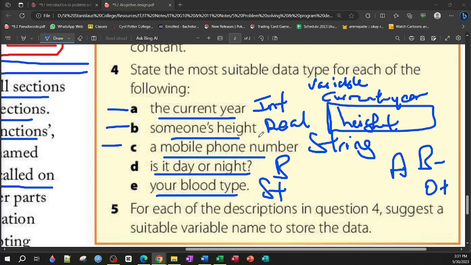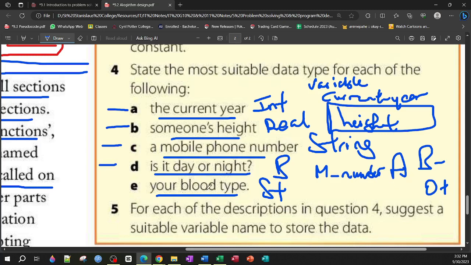You want it to be meaningful, you want no space, but at the same time we don't want it to be too lengthy because we don't want to be typing too much. So in this case we could shorten it to mobile number, and certain words you can shorten. So you could do M underscore number, thus making it shorter.